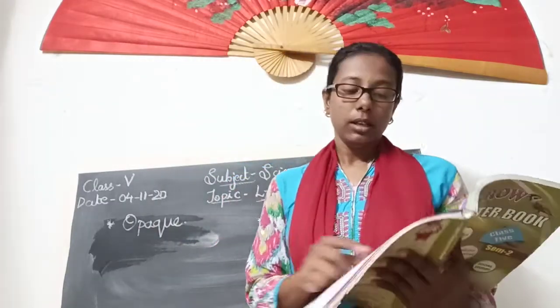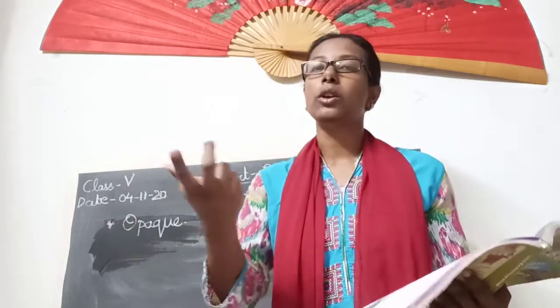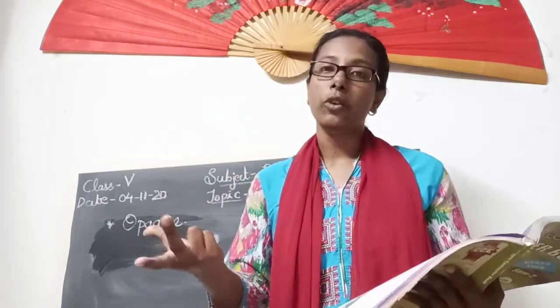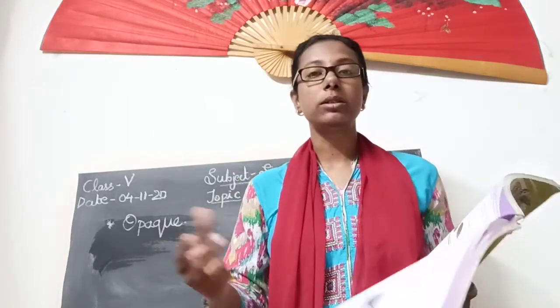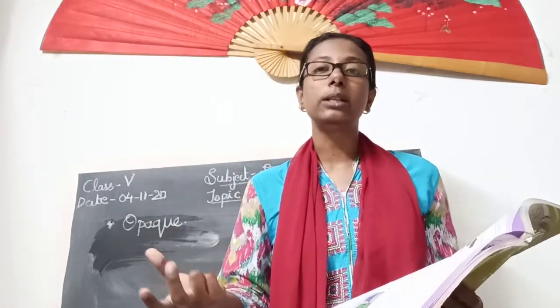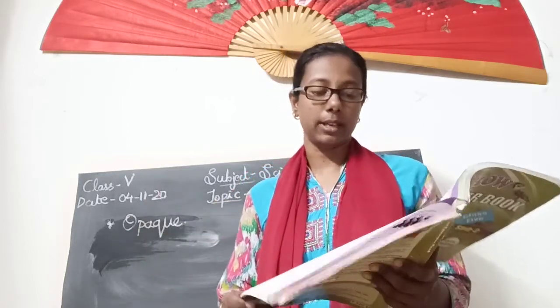It will just reflect back from their surface. The examples for opaque substances are stone, wood, metals, all these solid substances.